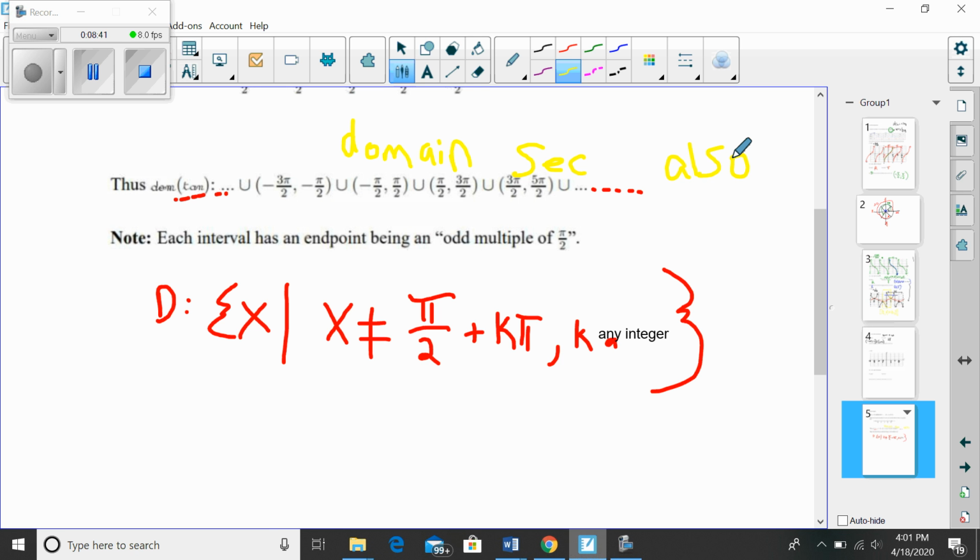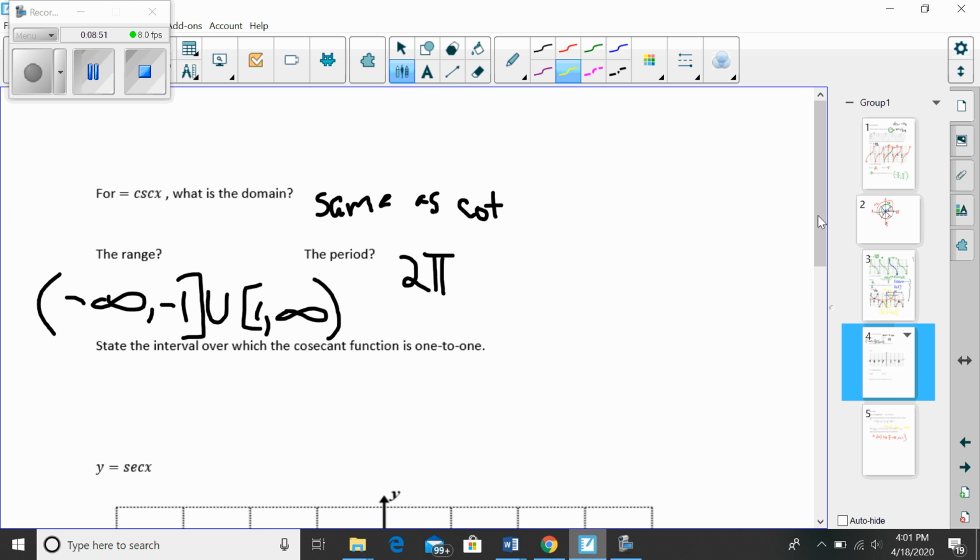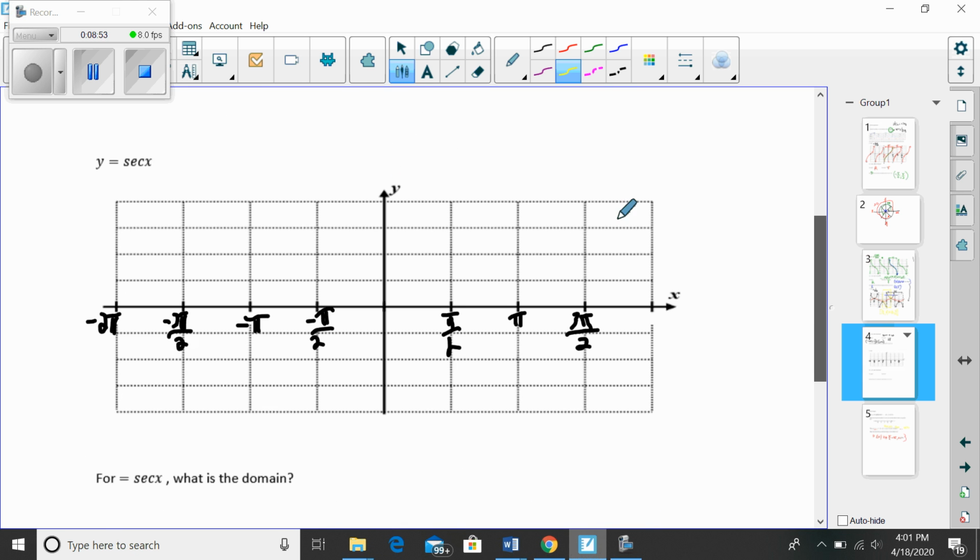All right, and then again, I hope we've really gotten the hang of this. So if I came down here to where I want to graph secant, secant is 1/cosine. Anywhere cosine is 0, I need my asymptote lines.